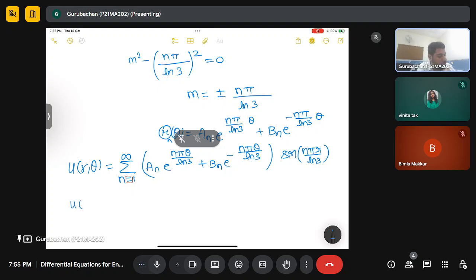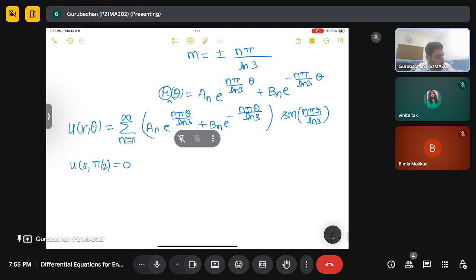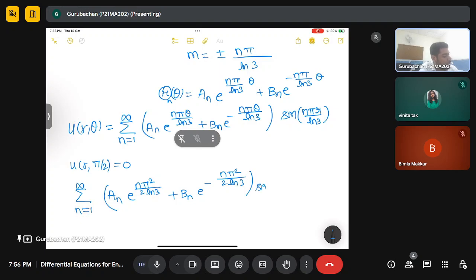First one is u(r, pi by 2) is 0. So this will give you summation n equal to 1 to infinity of a_n e to the power n pi square divided by 2 ln 3 plus b_n e to the power minus n pi square divided by 2 ln 3, times sin(n pi ln r by ln 3) is equal to 0.